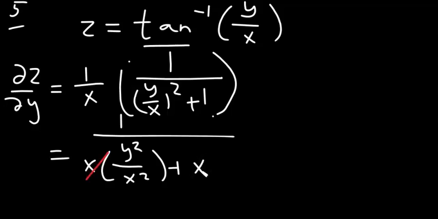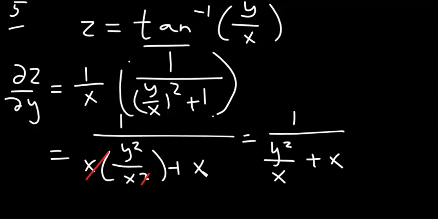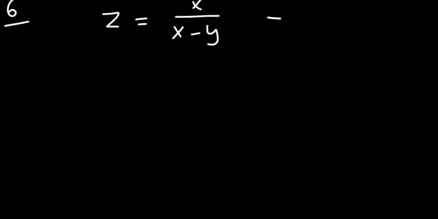So now this x will cancel that x, and you get 1 over y squared over x plus x, which then can be simplified as x over y squared plus x squared. And that's the answer.